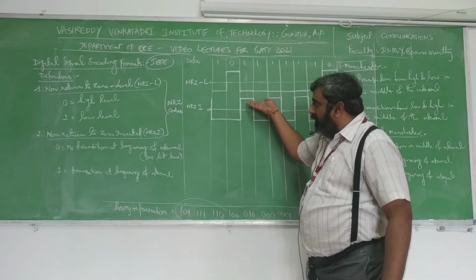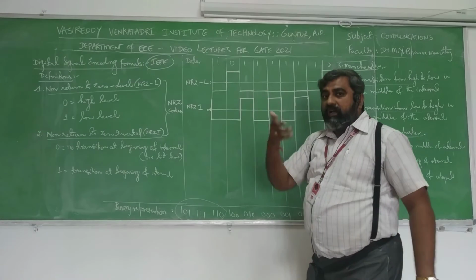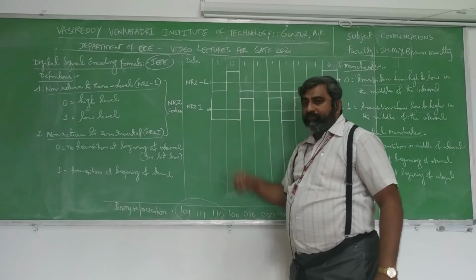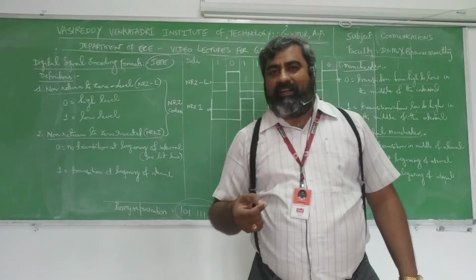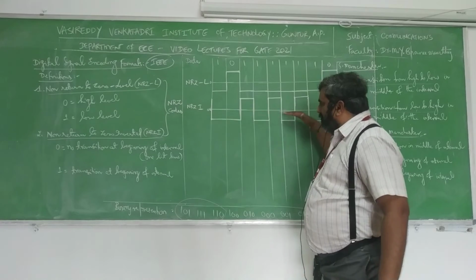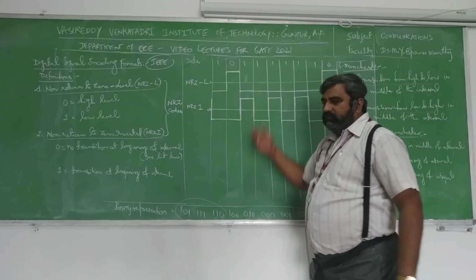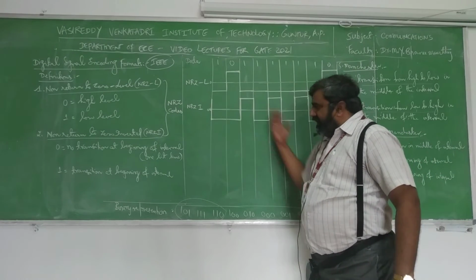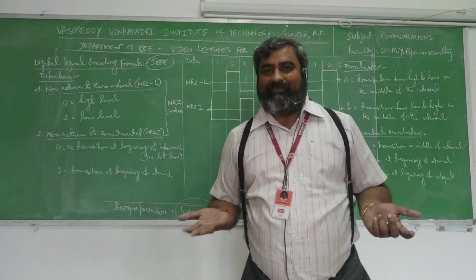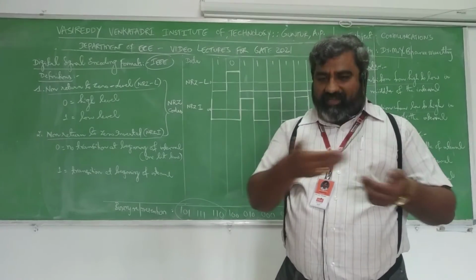But because you are decoding 1 and 0 based on the transition at the beginning of the interval, even if this signal format gets inverted, the data is still the same, whatever is decoded from that received signal.